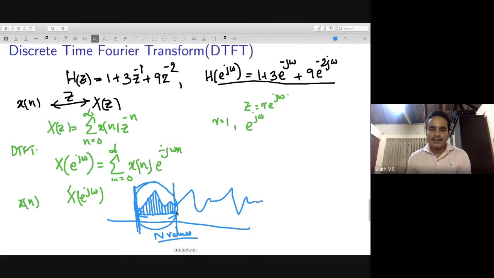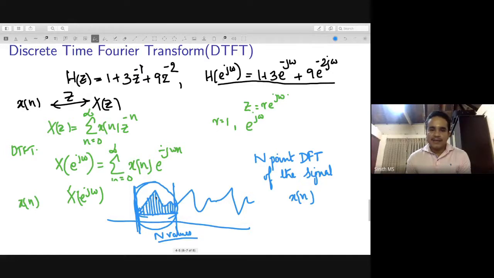If you take it like this, what you are going to get is a set of values which is called the N-point DFT of the signal xn. Is that clear? So we are taking the N-point DFT of the signal xn.